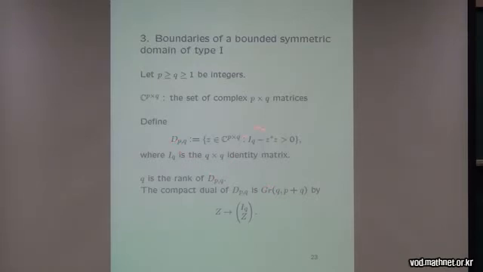Then this is a complex matrix, so we can put this into the Grassmannian by taking C into this matrix. So this is an open set of the Grassmannian. That means the compact dual of this is the Grassmannian.